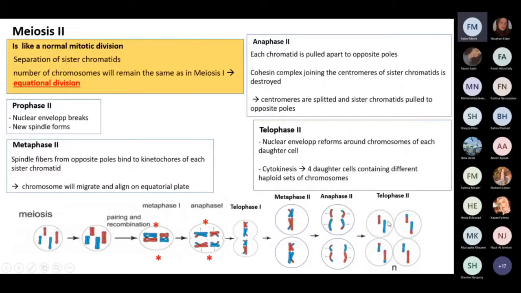And at the telophase, we will have the nuclear envelope that will reform again around the chromosomes of each daughter cell. And we will have the cytokinesis on each cell that will divide each cell to two daughter cells. And as a result, we will have 4 daughter cells, 4 haploid daughter cells, each one having 1 chromatid.